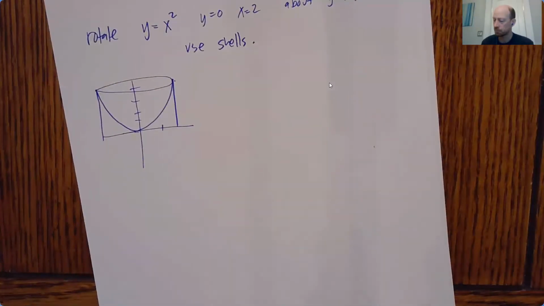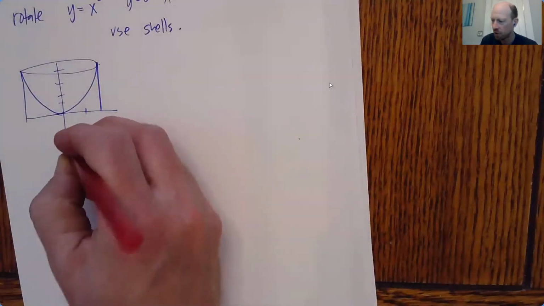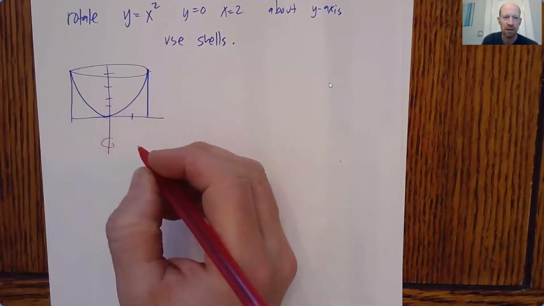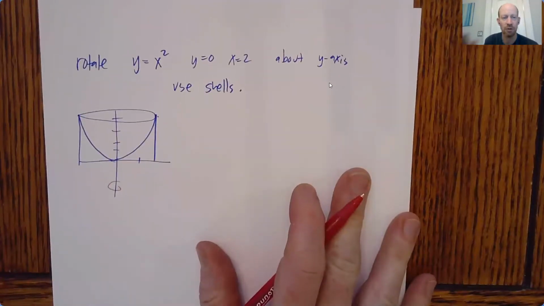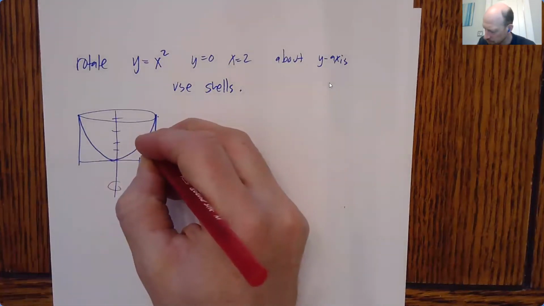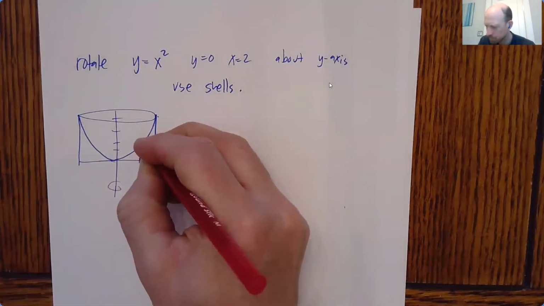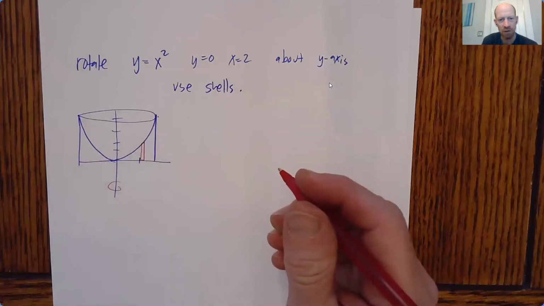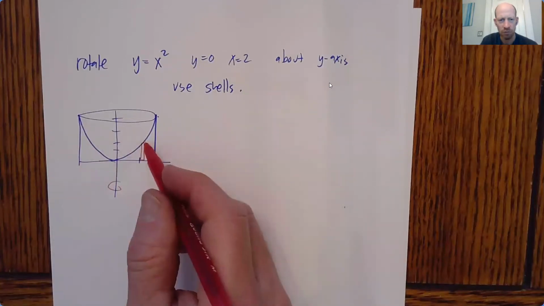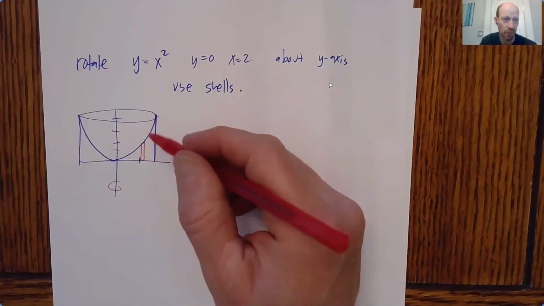So here is our axis of rotation. And if I want to use shells, remember I need to slice parallel to the axis of rotation. If I wanted a washer, I would slice perpendicular. For a shell, I slice the other way.